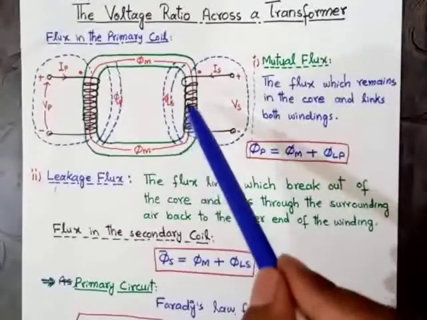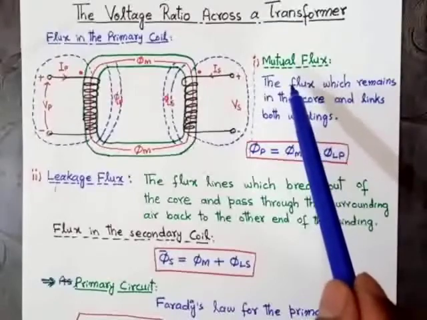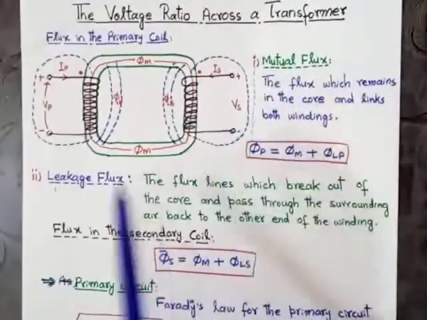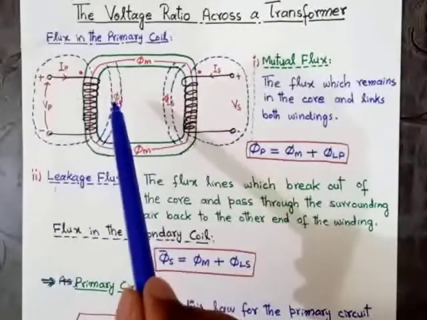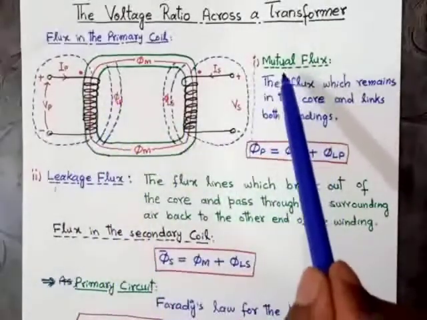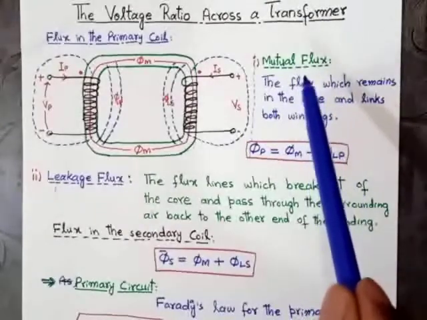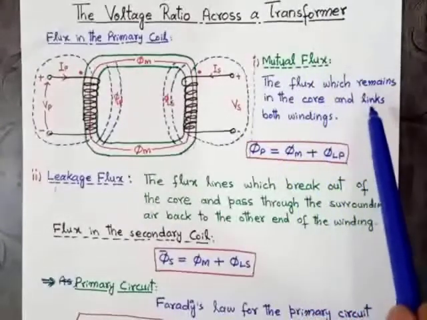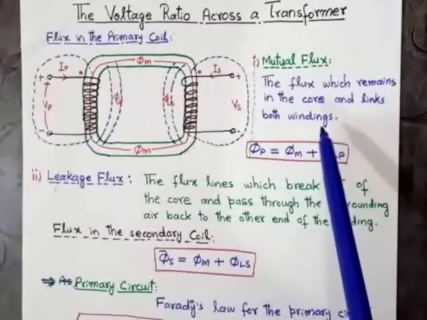The other type of flux is called the mutual flux. There are two types of flux. One is called the leakage flux, which breaks out of the core, and the other type is called the mutual flux. The mutual flux is the flux which remains in the core and links both windings.